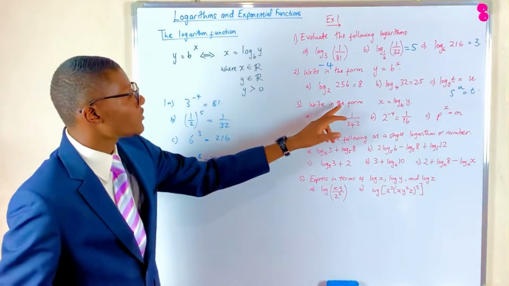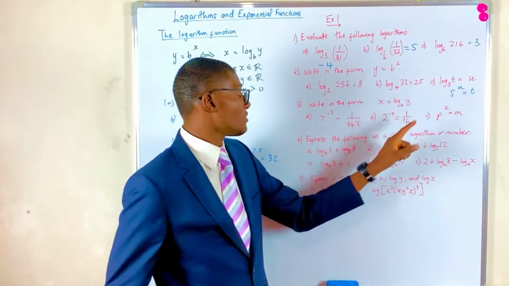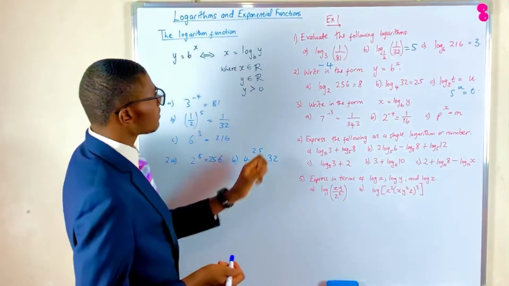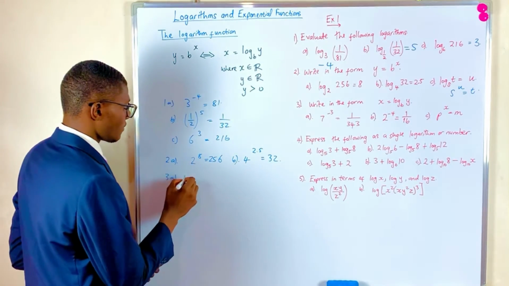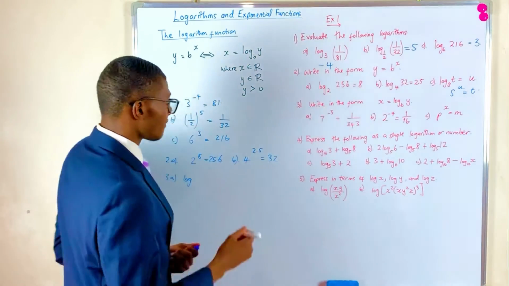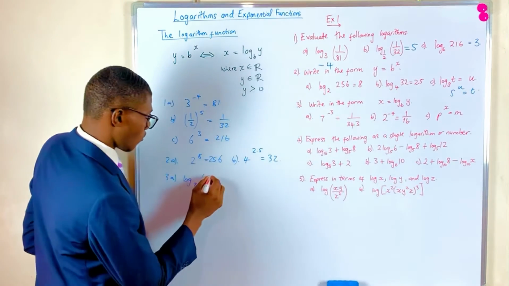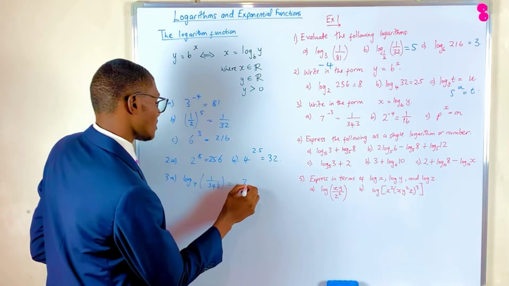Then now we have to write in the form x is equal to log to base b of y. For 3a, we're saying log to base b, our b being 7, of y, our y being 1 over 343, should give us minus 3.